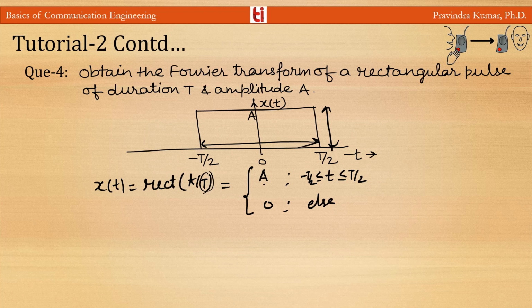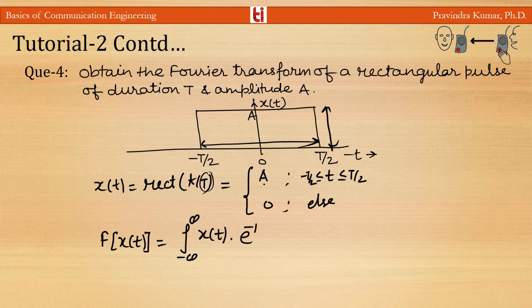So now the Fourier transform of this x(t) will be the integration from minus infinity to infinity of x(t) times e to the power minus j 2 pi f t dt, using the Fourier transform formula.